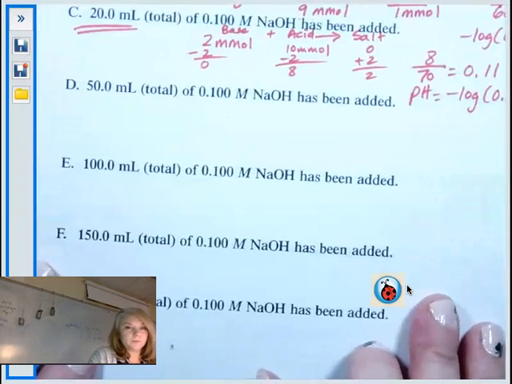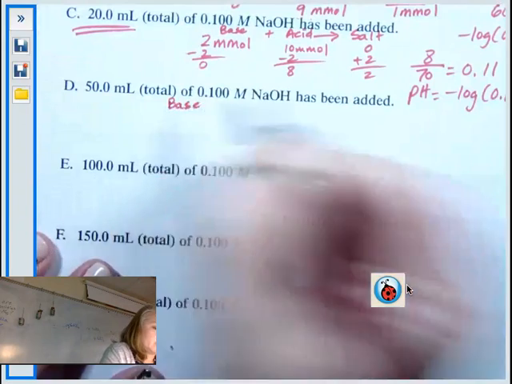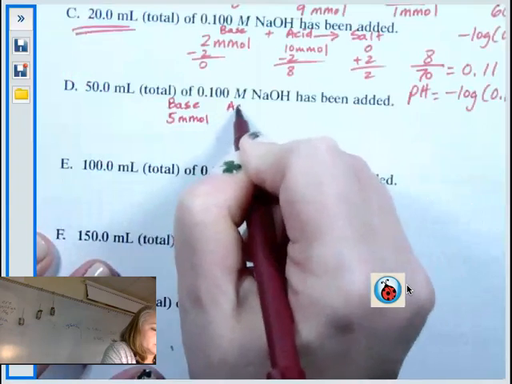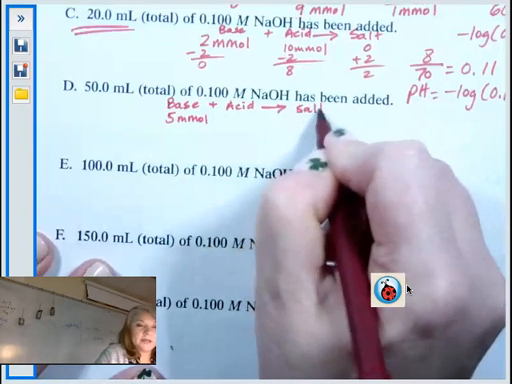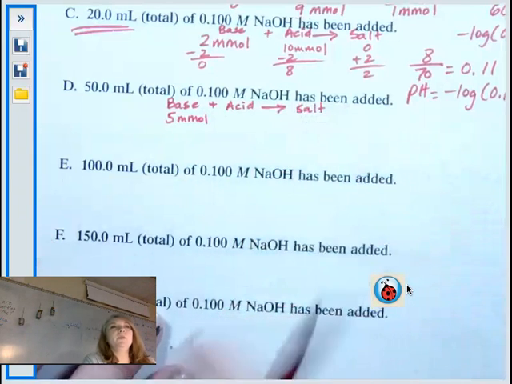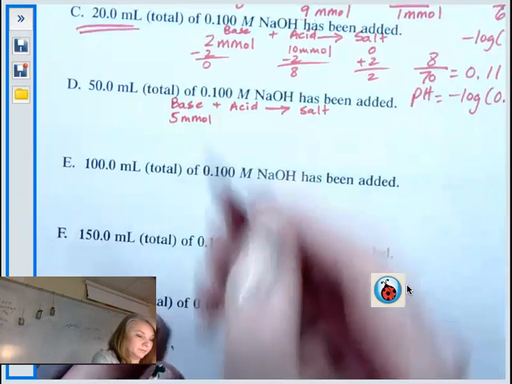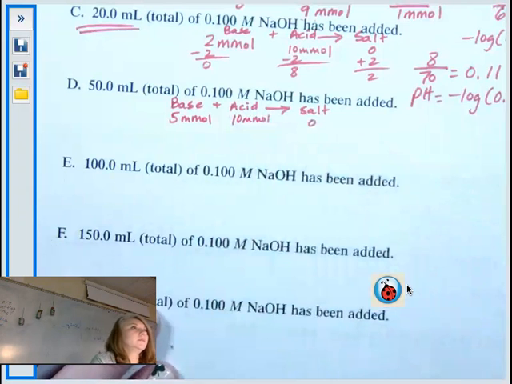5 millimoles of base. I'm not saying anything. I'm only putting down what I hear people say. How do you know which part?